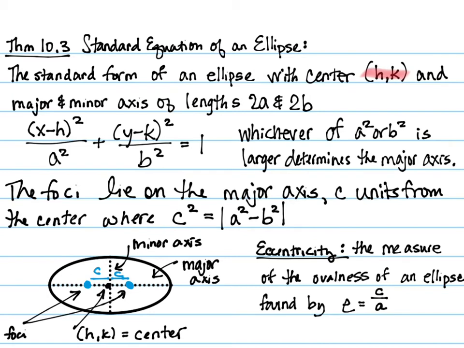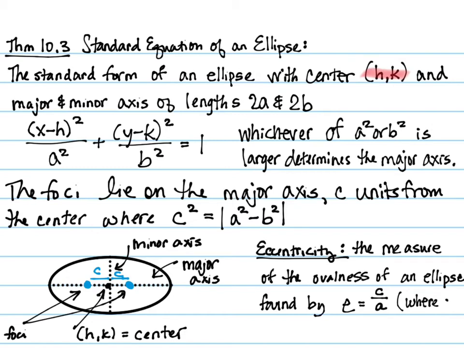The c here is the distance from the center. It's the same c we talked about before. The a is actually talking about the major axis. So if you prefer not to write a and you want to put major axis, because sometimes my a and my b are going to switch letters, that's fine. I'm going to leave it that way just because that's where our book leaves it, though they've defined it slightly differently.